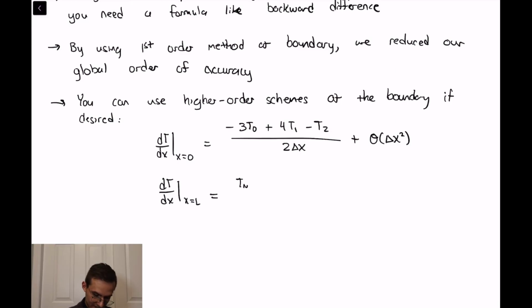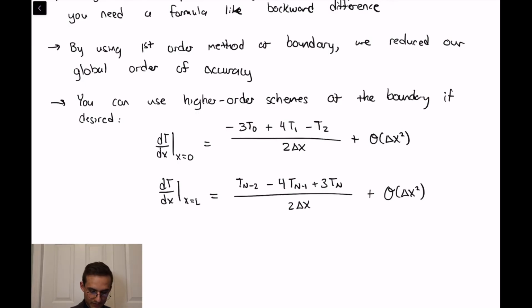So T(n-2) minus 4 T(n-1) plus 3 Tn, divided by 2 delta x. That's also second order accurate. And these two also preserve the tridiagonal structure.